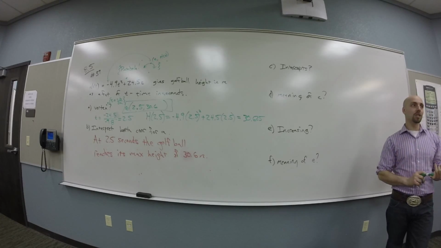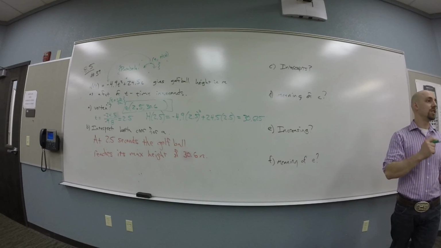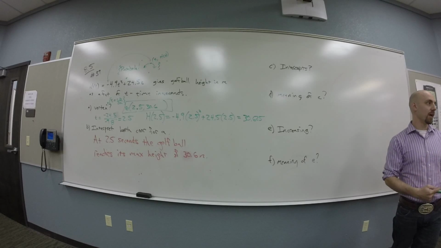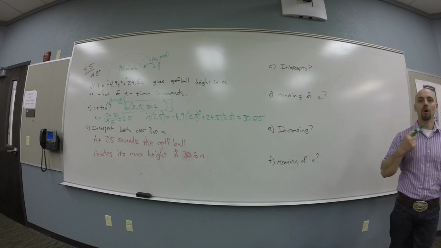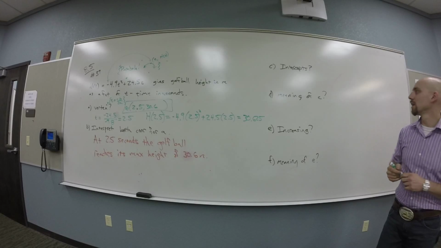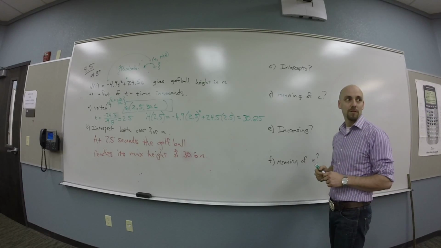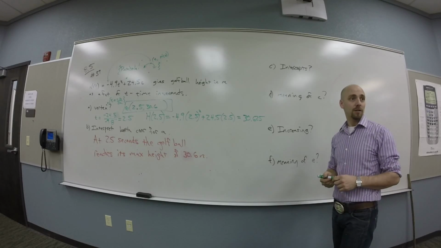So the intercepts are when t is 0 and when h is 0, right? They're when the input is 0 or when the output is 0. So when the input is 0, what do I get out of that thing? I get 0 out, right?